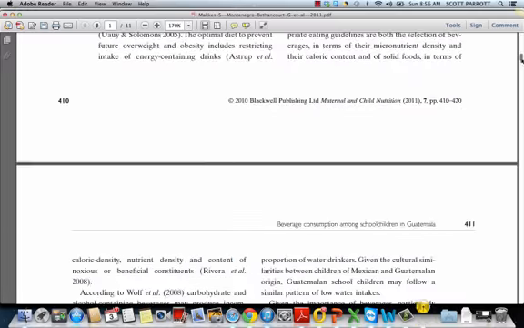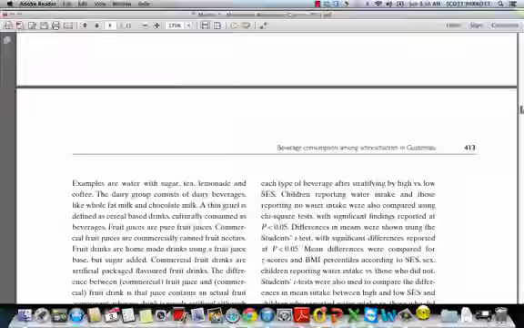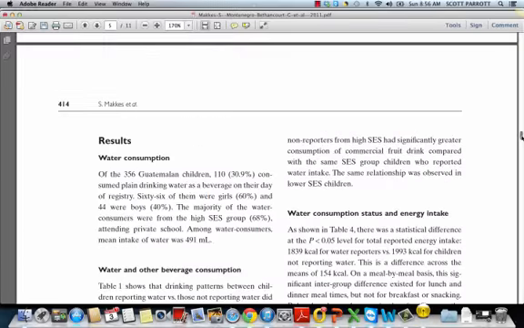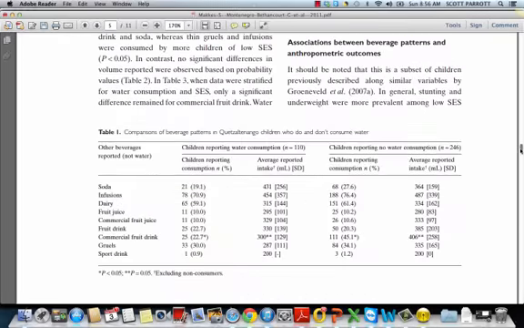For their purposes, these authors are really interested in the differences in anthropometric outcomes based on water consumption. So if you're just reading down through here and you're taking what the authors define as their groups, you might think, oh, it's water consumption versus not. But we're not interested in water consumption. What we're interested in is the level of fruit juice consumption.